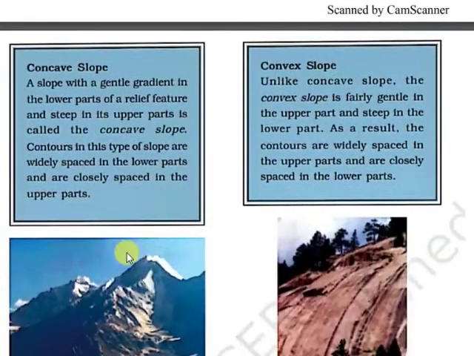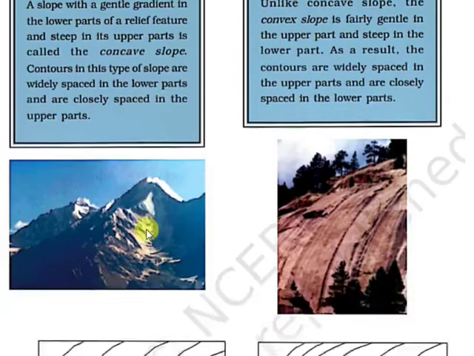Next is the concave and convex slope. A concave slope is a slope with gentle gradient in the lower parts of a relief feature and steep in its upper parts. Contours in this type of slope are widely spaced in the lower parts and closely spaced in the upper parts.